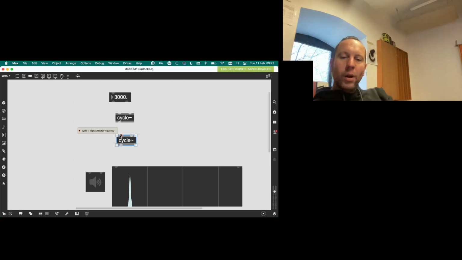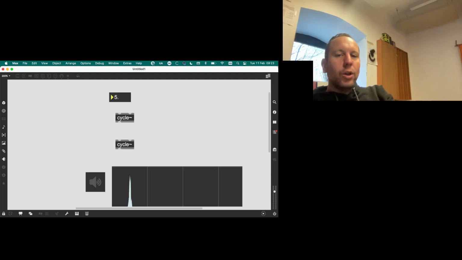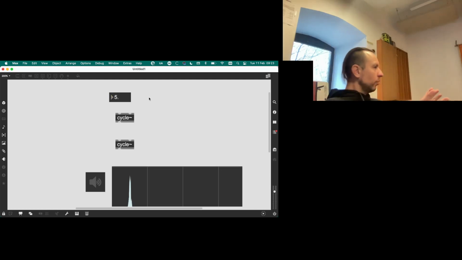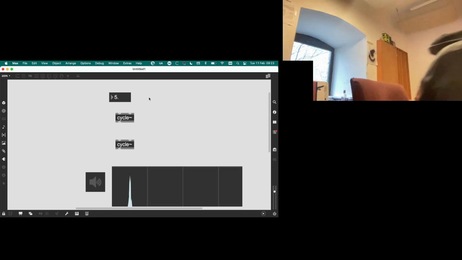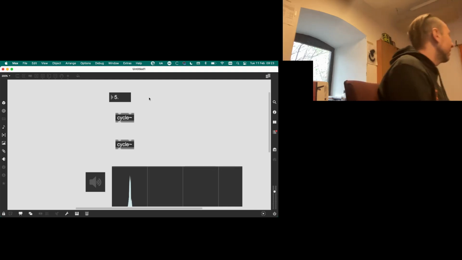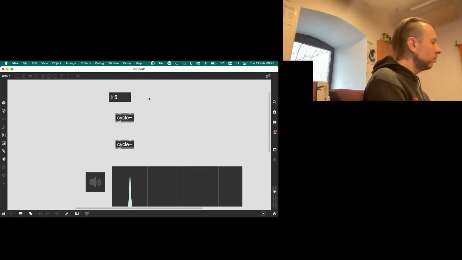Okay? So the thing to understand here is that we have to deal with signal range. So that will be range conversion, which is a bit of math, but it's definitely useful to fully understand.